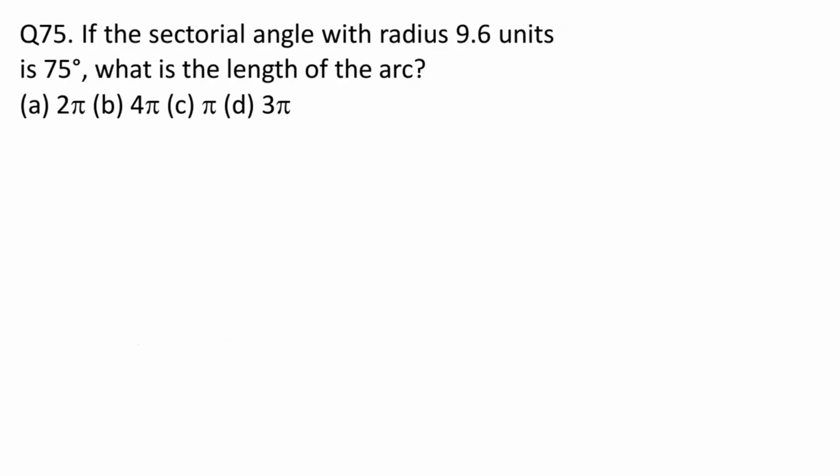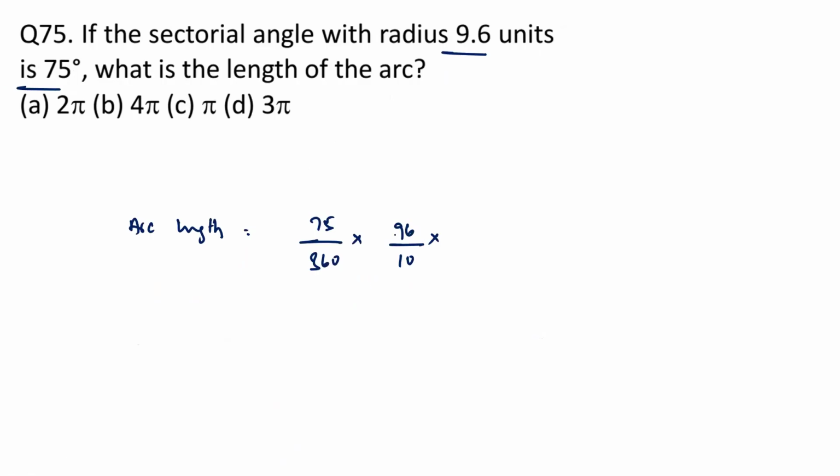If the sectorial angle with the radius 9.6 units is 75, what is the length of the arc? Arc length is equal to theta, which is 75 by 360 into 2 pi r, with r as 9.6, which is 96 by 10.